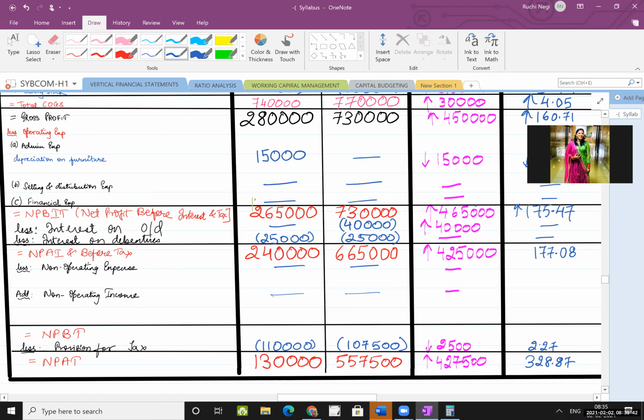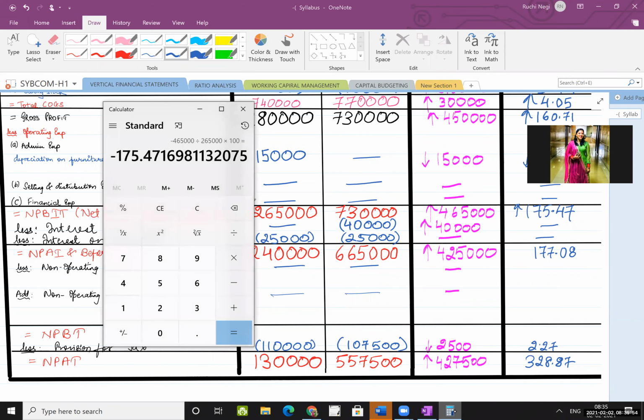Net profit after interest and before taxes. 2,65,000 minus 25,000 is 2,40,000. 7,30,000 minus 65,000 is 6,65,000.